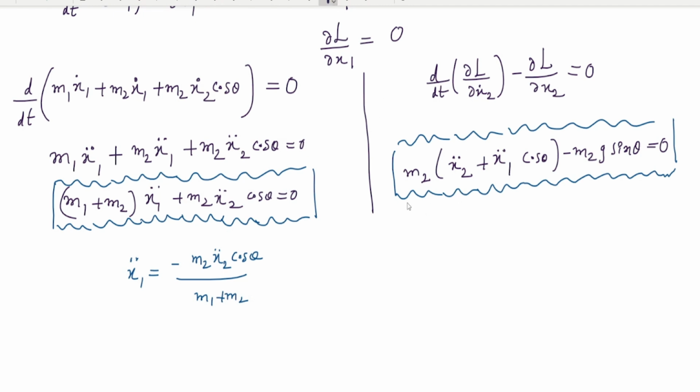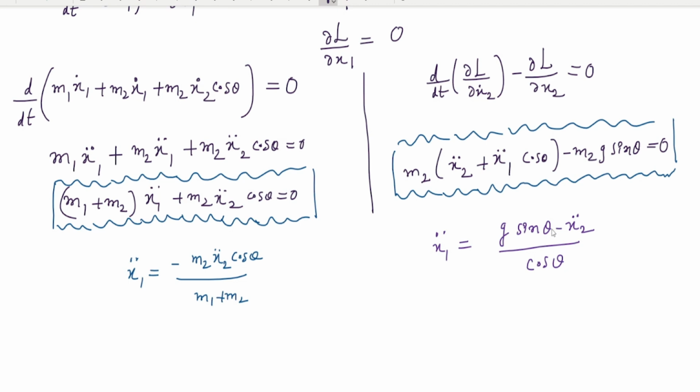So from this information, x1 double dot equal to g sin theta minus x double dot 2 divided by cos theta.